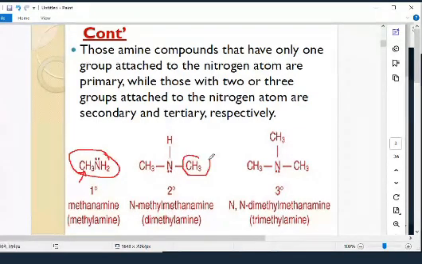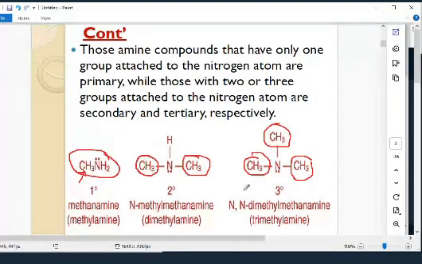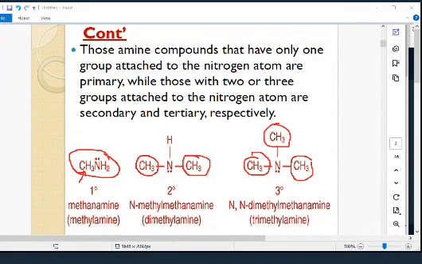This one, there are 2, the secondary, and these ones, there are 3 alkyl groups. So you can classify these amines depending on the number of carbon containing groups attached to the nitrogen.